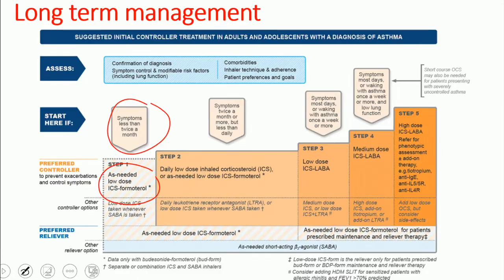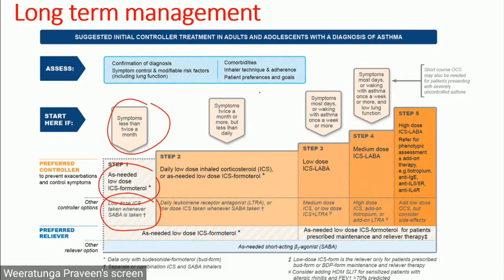Or if you are still taking a SABA, you have to take a low dose ICS with the SABA. That is what is recommended, to take a low dose ICS when taking the SABA. So that is the recommendation. Any questions about that?